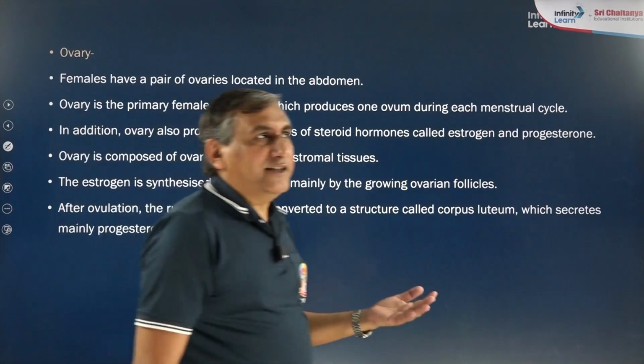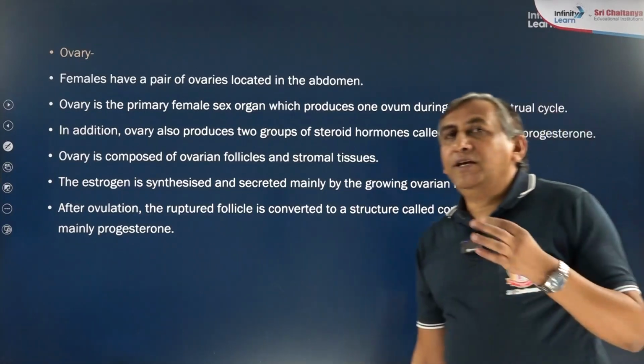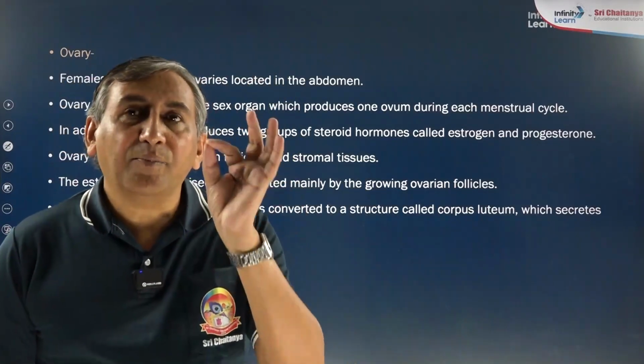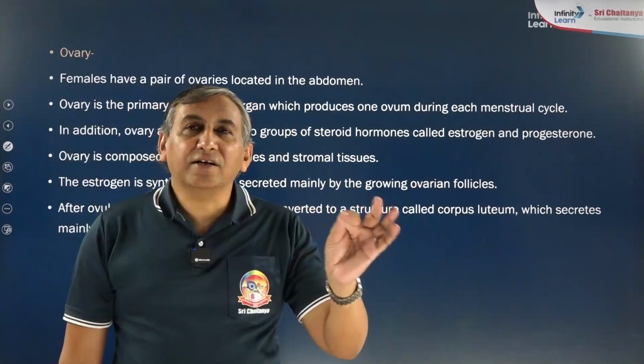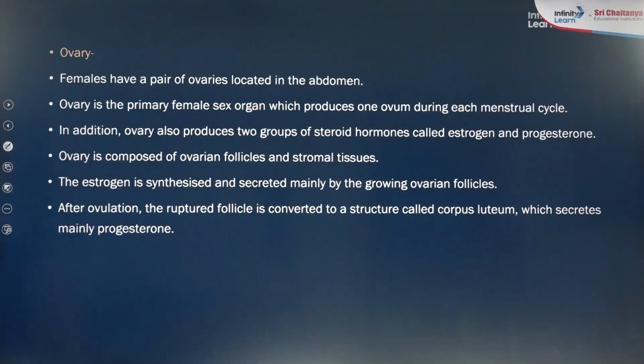Now, I already said testis in males and ovary in females are related with the production of gametes. Their basic function is the production of gametes and they perform the secondary function, that is the secretion of hormones.